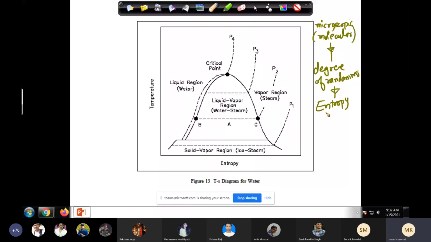Now if you see from the macroscopic approach, what we know as classical thermodynamics, which we are studying, and this one is called statistical because it is based on statistics.